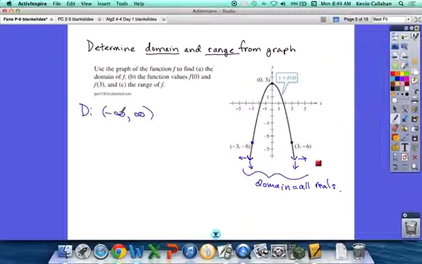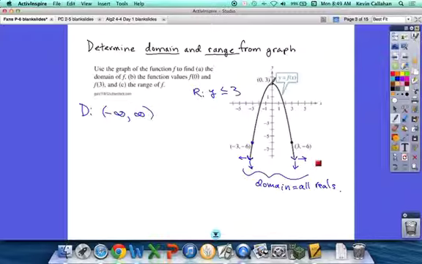It would be perfectly fine for me if you said the range is y is less than or equal to 3. That means everything less than or equal to 3, and it's equal because you clearly have the point 3 that's on there.